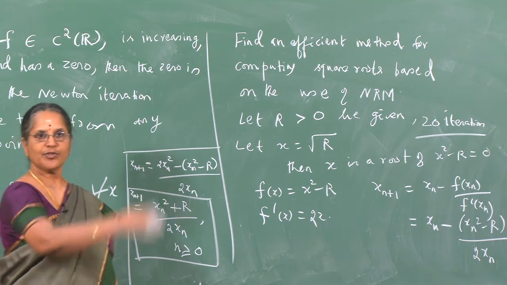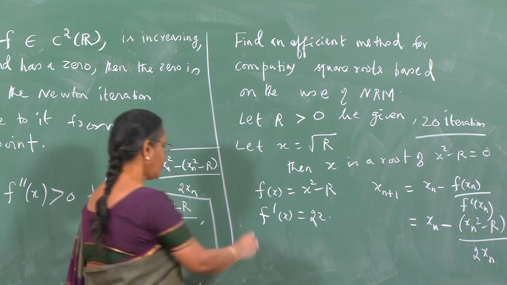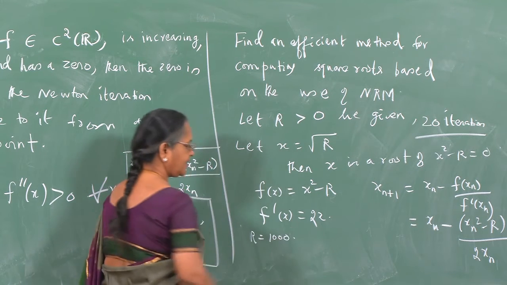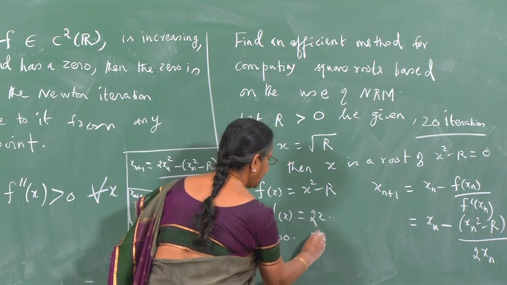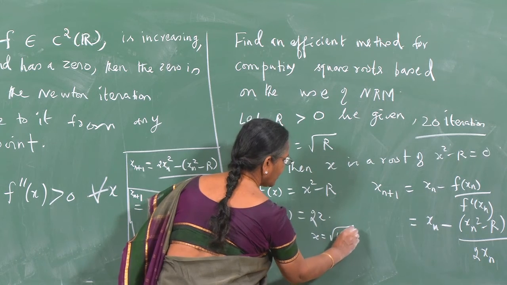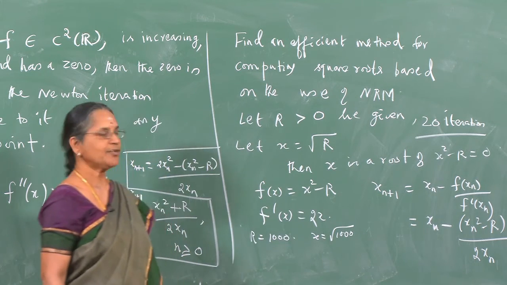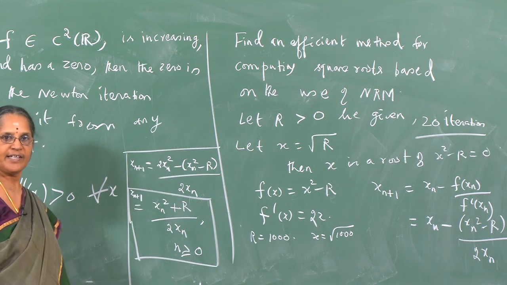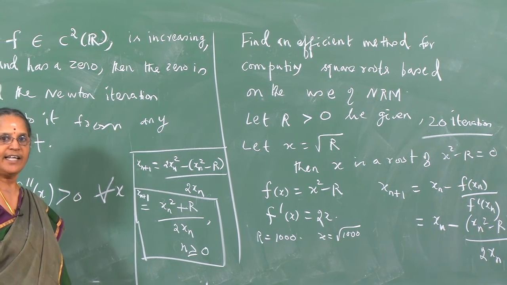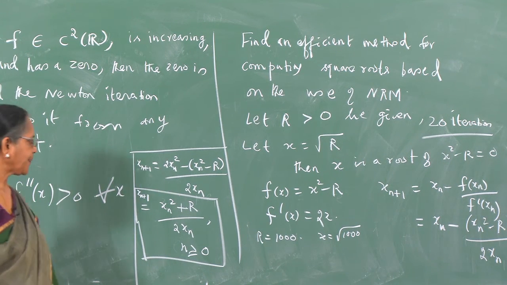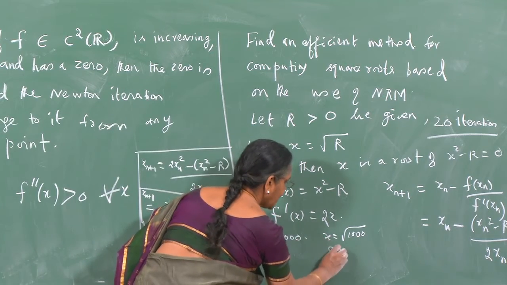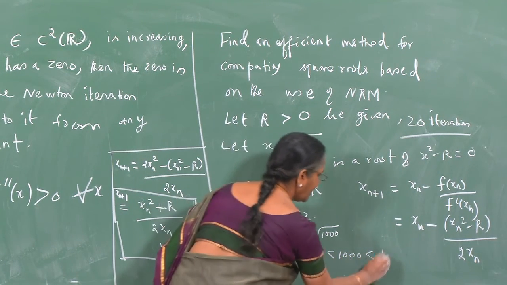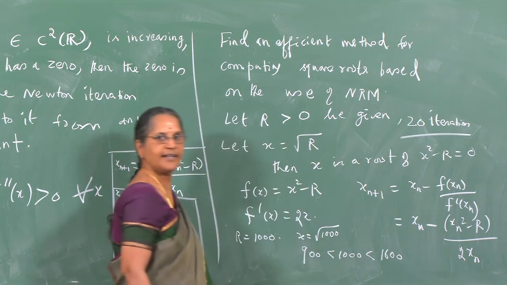Okay, now I ask you to obtain the square root of, say, 1000. So, I must use this iterative method to find what the square root of 1000 is. I need an initial approximation. I know that the number 1000 lies between 900 and 1600.